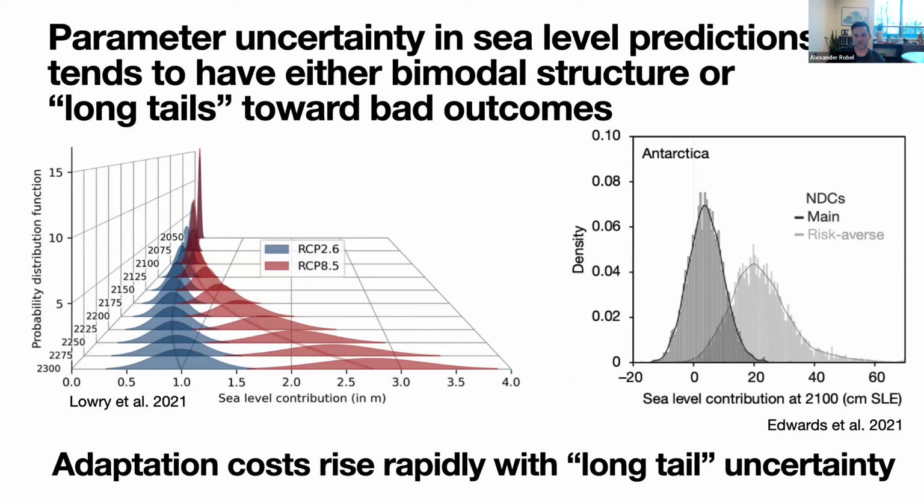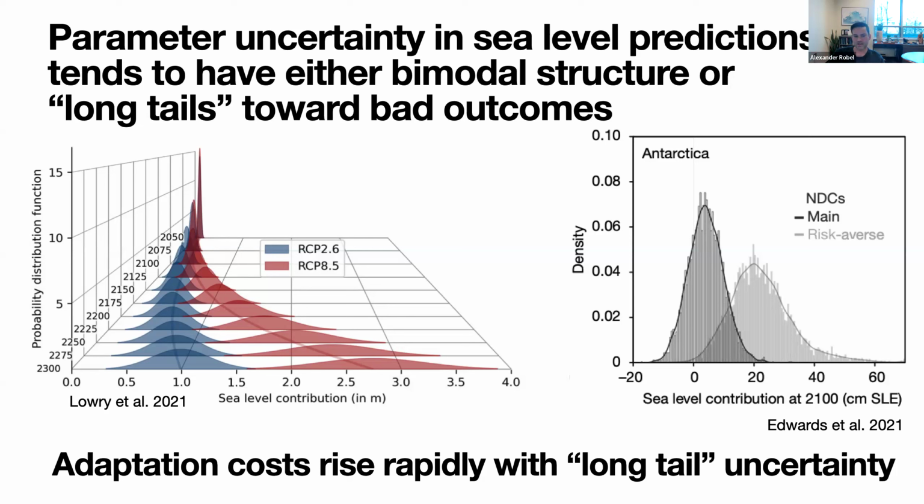And what you can see in both cases is that as you go into the future and more glaciers in Antarctica become unstable due to this marine ice sheet instability, the uncertainty in the projections increases quite a lot, and it also becomes skewed towards higher sea level contributions from Antarctica. So this is something that we see in real projections as well.